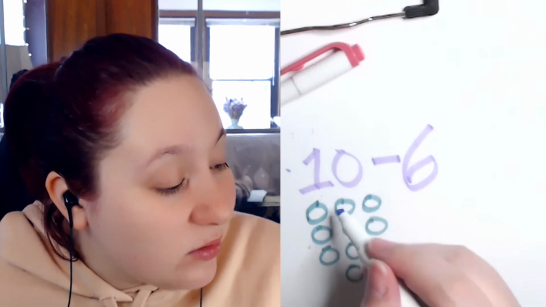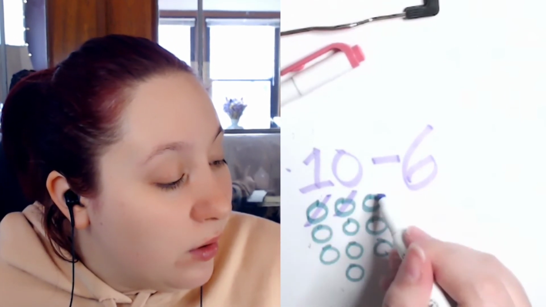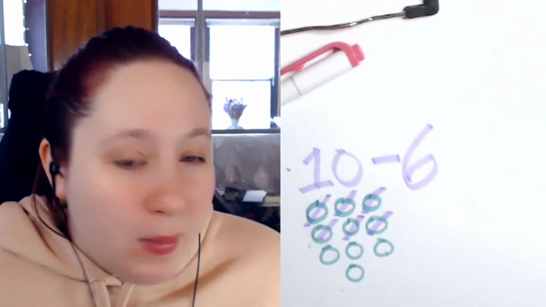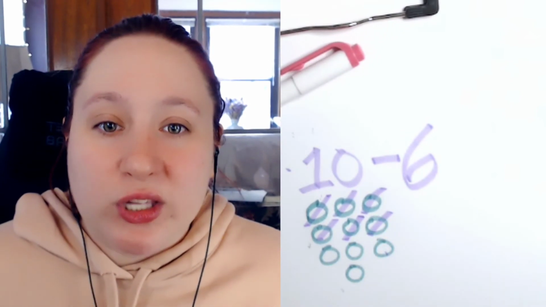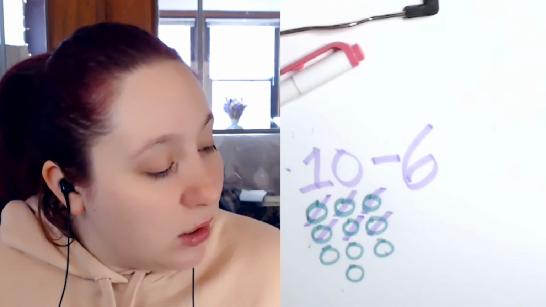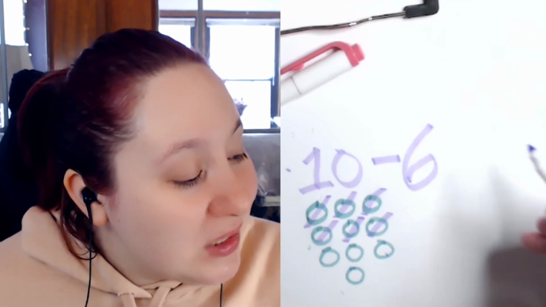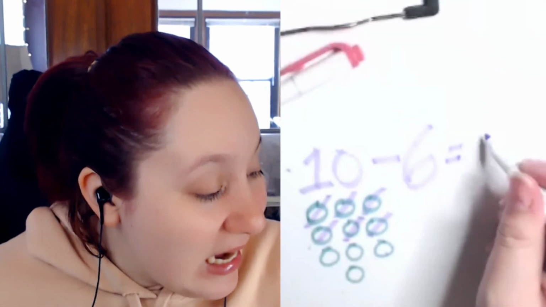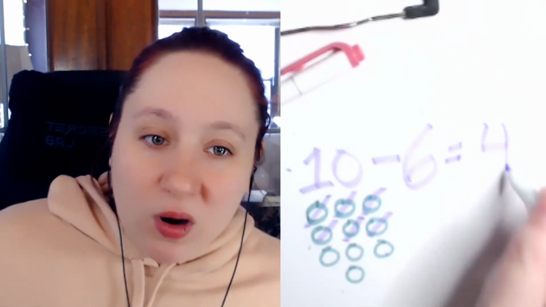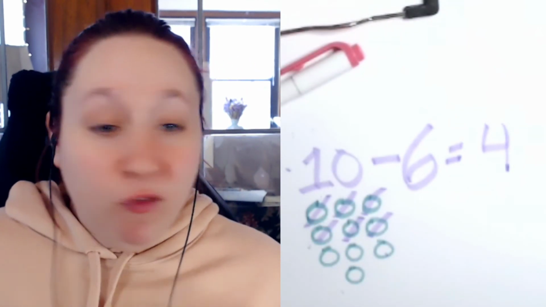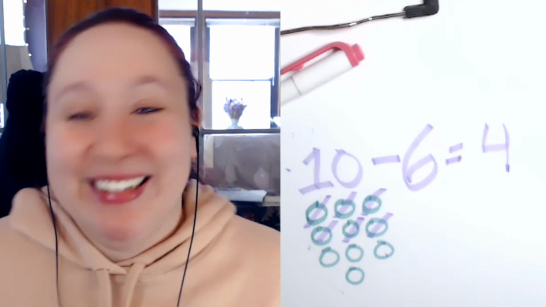So let's cross out 6. 1, 2, 3, 4, 5, 6. And how many are we left with? How many circles are left that don't have a cross? 1, 2, 3, 4. So 10 minus 6 equals 4. Yeah. So our clumsy chef only has 4 eggs left to bake the cake.